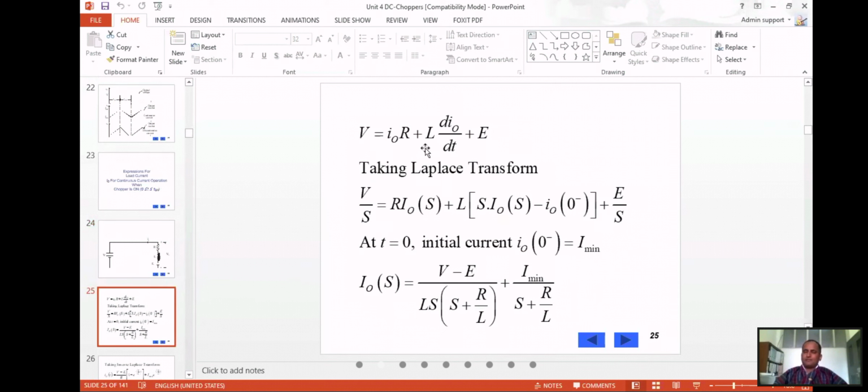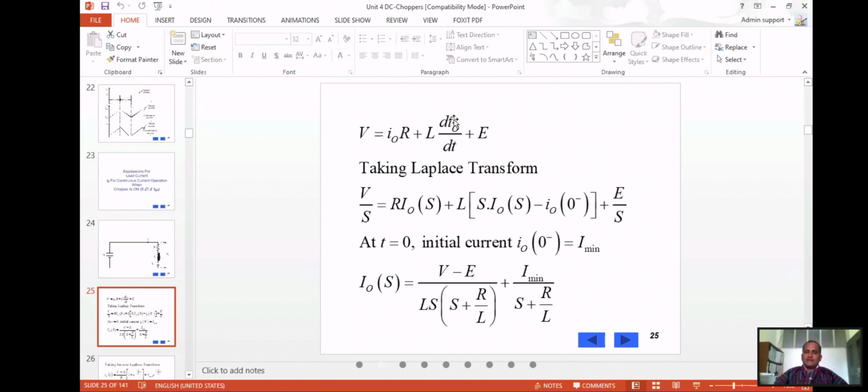This is simple, you have even done it in circuit theory. To find the voltage across the load, V is equal to I0 into R with the resistive load.